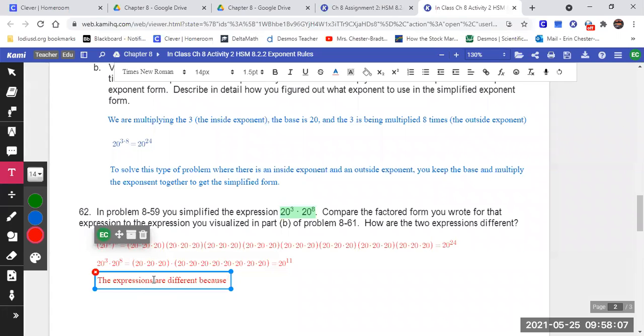Do each of the parentheses setups in both those rows look exactly identical to each other? No. So how do they look different? What makes one different than the other?